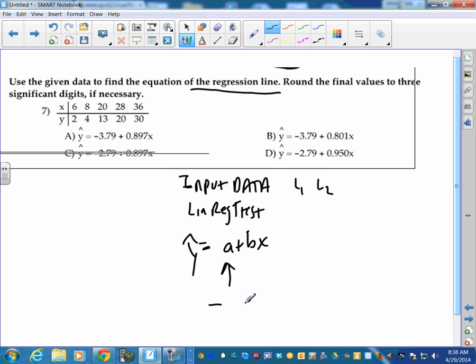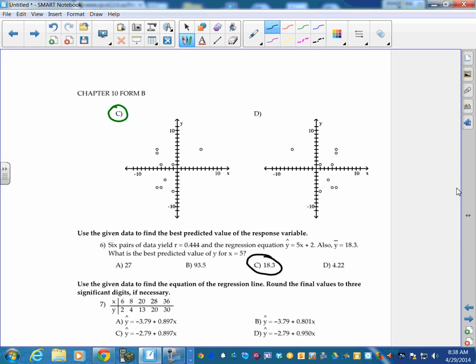You think so? 3.79. What'd you get for B? Tyler? 0.897. There we go. Okay. Not difficult, just you have to make an attempt to actually get out your calculator, turn the buttons on, and input the numbers. Good. We're going to do the next one.